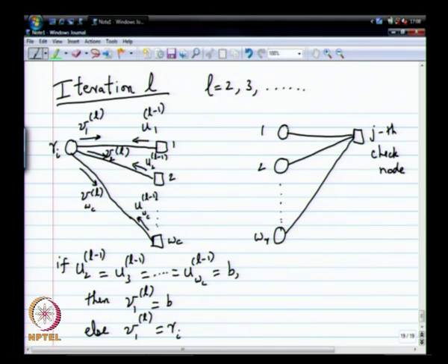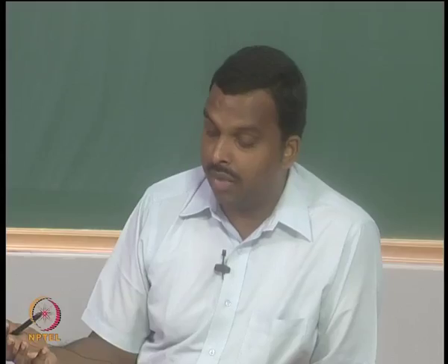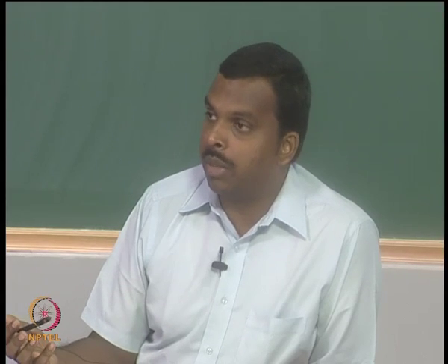With some major abuse of notation, I will simply say these are v1L, v2L, up to vwrL. Of course the index is not the same, and you have to worry about which bit node is connected to which, but for a simple description, these are the messages received from the corresponding bit nodes.